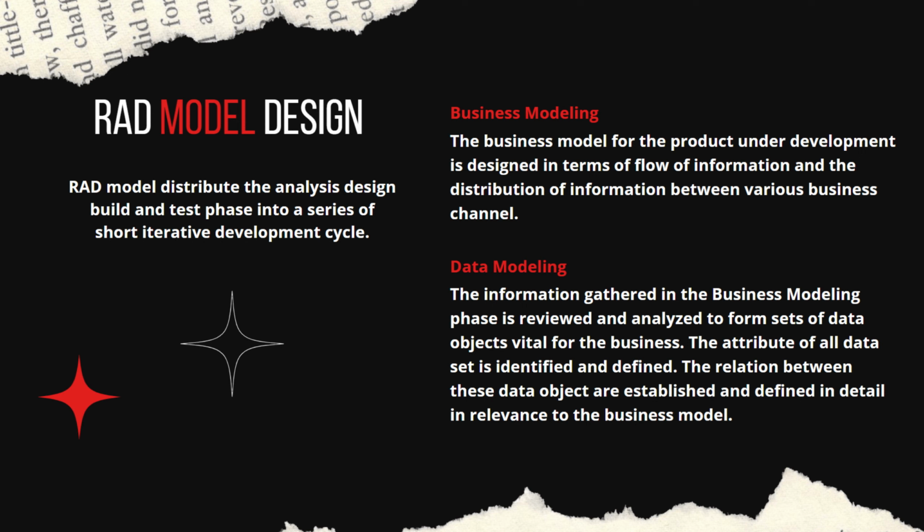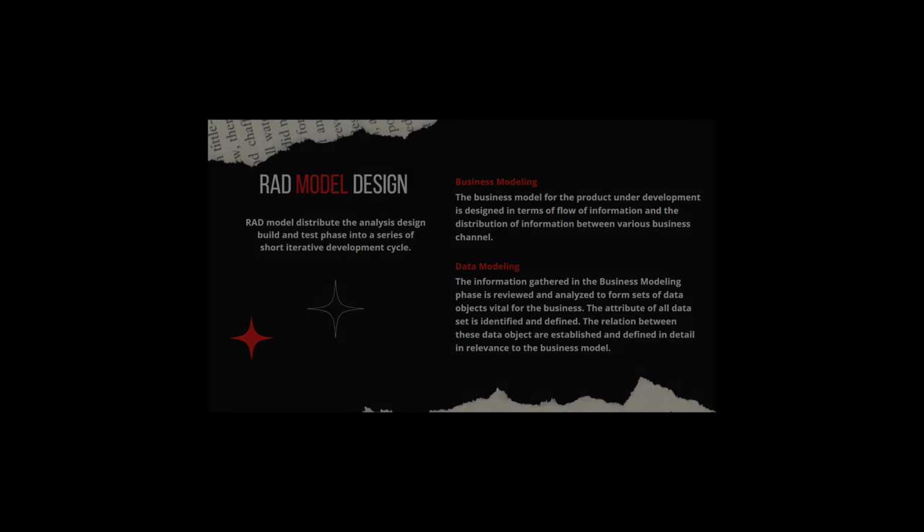The information gathered in the business modeling phase is reviewed and analyzed to form sets of data objects vital for the business. The attributes of all data sets are identified and defined. The relations between these data objects are established and defined in detail in relevance to the business model.